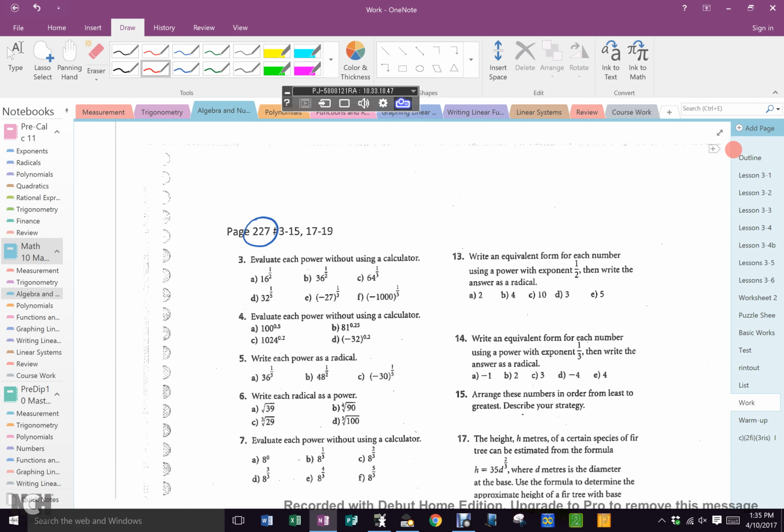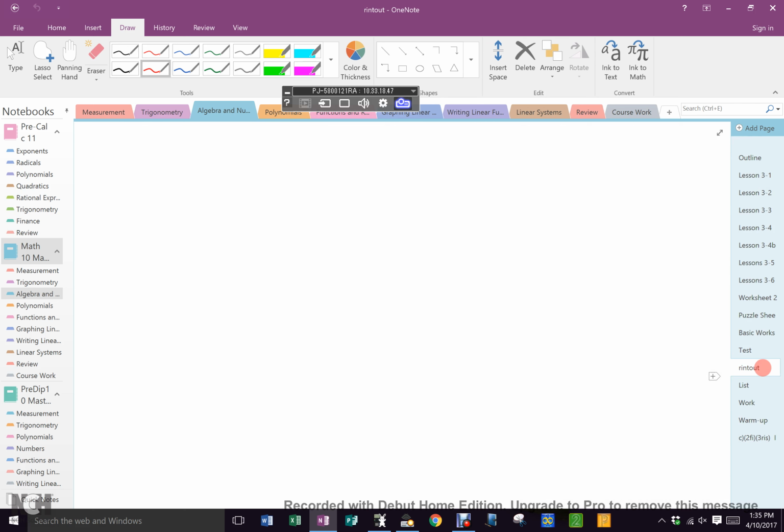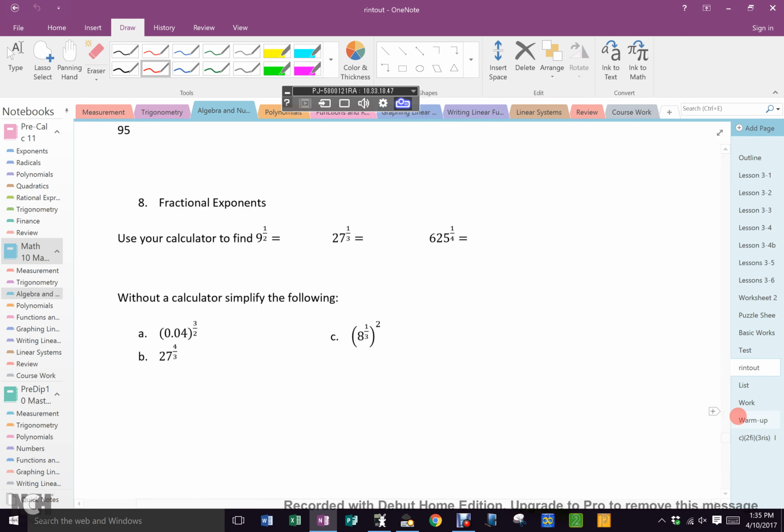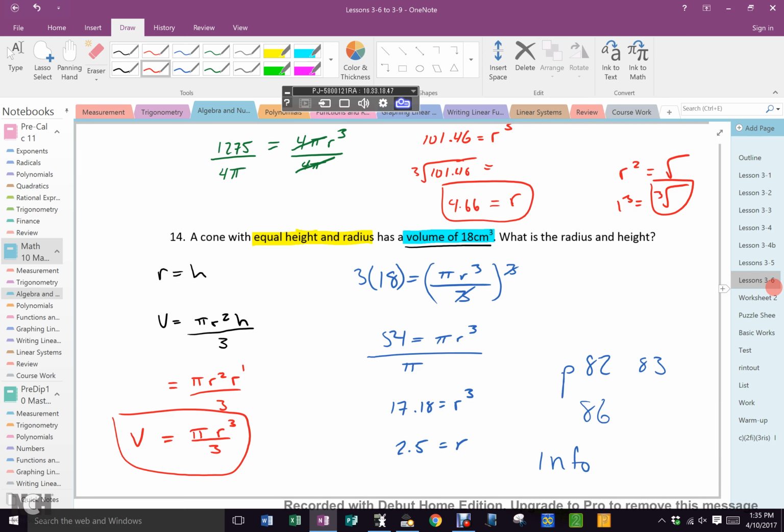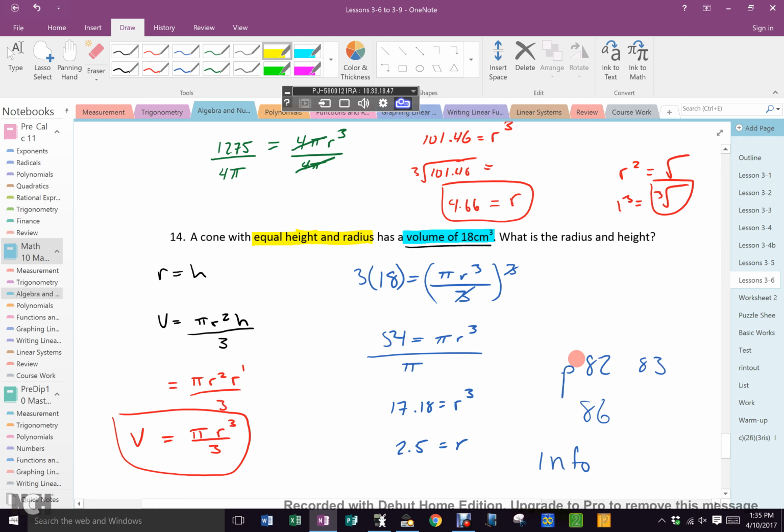Okay, now, some of you, I'm sure, have already forgotten some of these rules here. So to find them out, remember, you can find them by looking at page 82, 83, and 86 in your pink book.